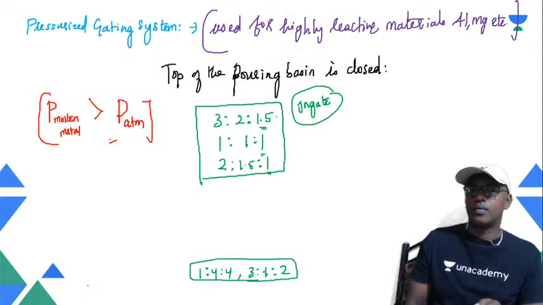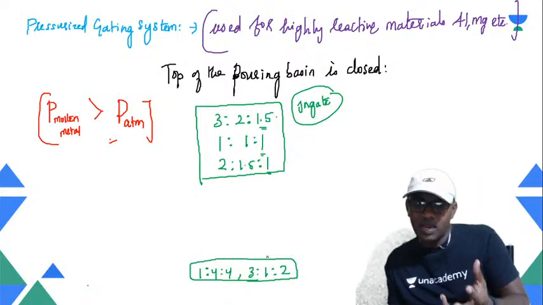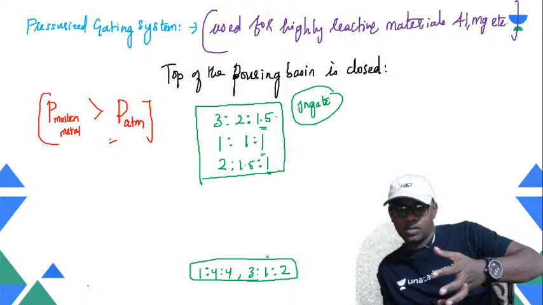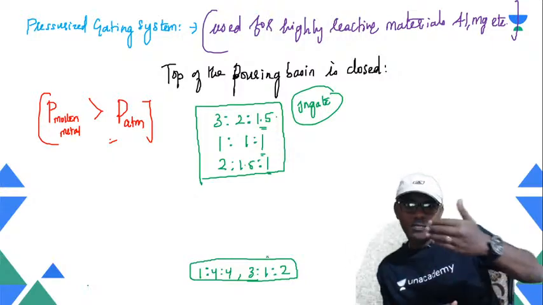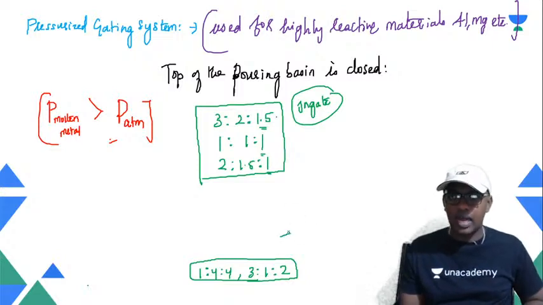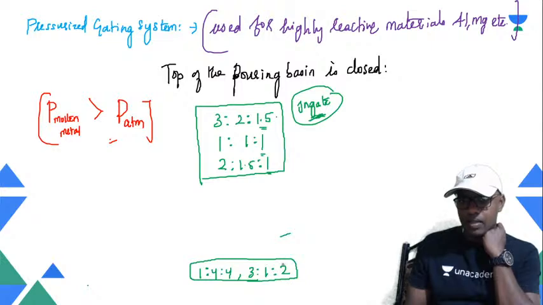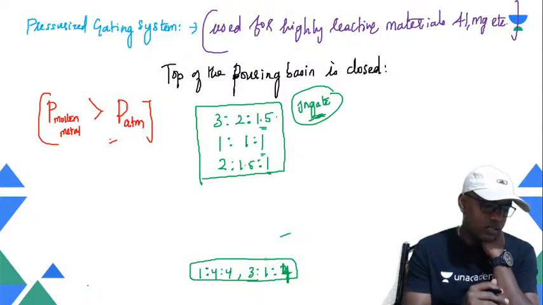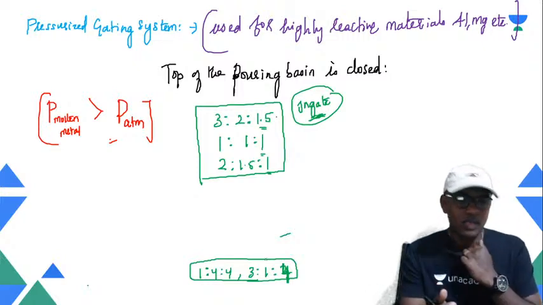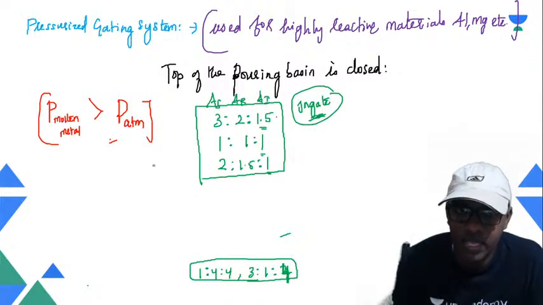What you can see here is the molten metal which enters the cavity through the ingate, and the ingate value, 4 we can say, is comparatively less. That's what I am presenting here, sir. These are the areas of the cross sections: area of the sprue, area of the runner, area of the ingate.